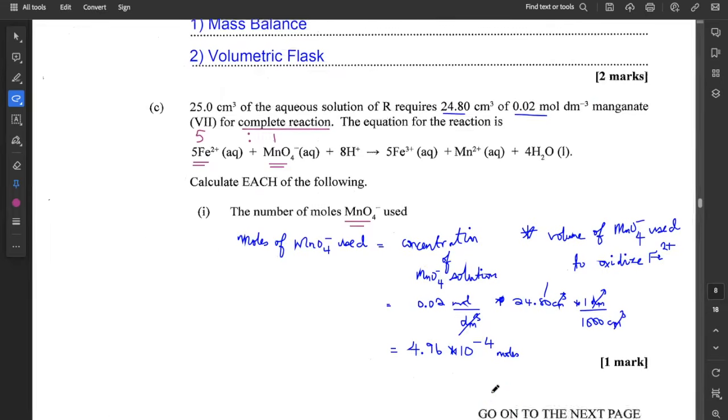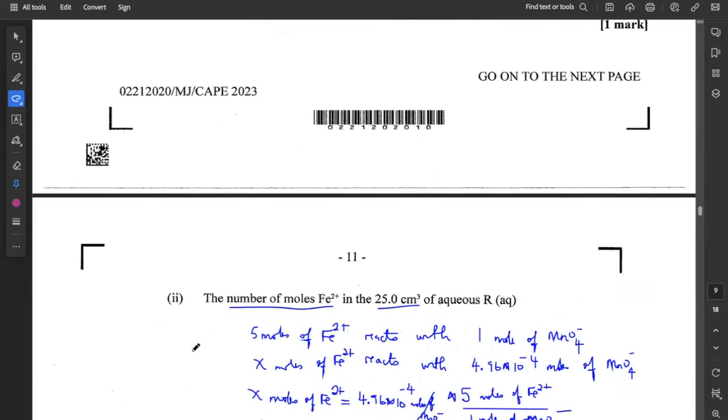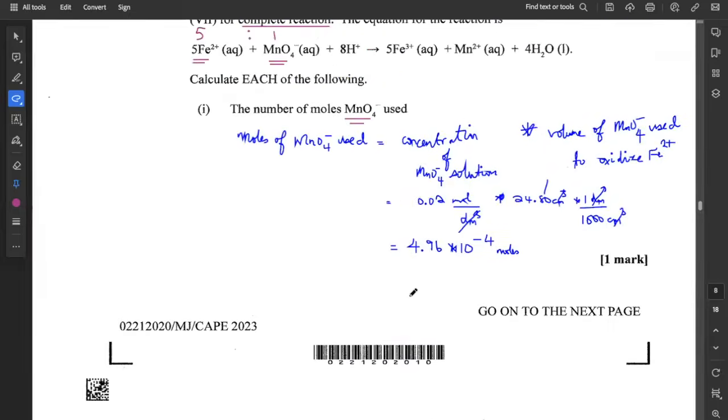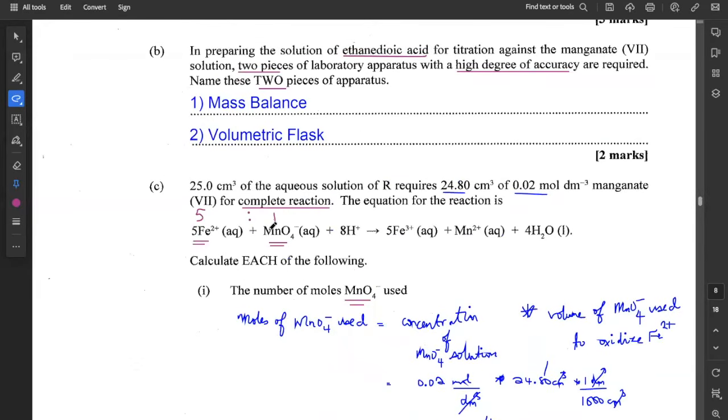All right. So moving along now to part 2. Part 2 wants us to calculate the number of moles of Fe2+ that's present in that 25.0 cm cube sample of aqueous R that we used, okay? So how many moles are in that 25 cm cube sample? Again, we go back up here and we look at our mole ratio.